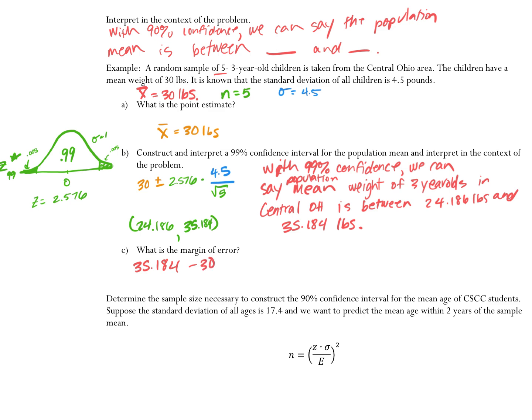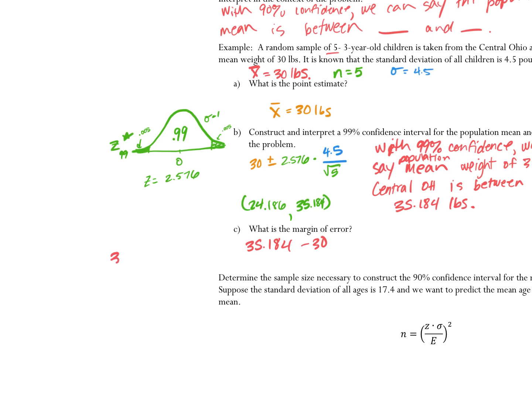So picture-wise, here's my 30, here's my margin of error, and at the end I end up at 35.184, and over here I end up at 24.186. And the question is, what is each of these distances? They should be the same because I added and subtracted them, okay? Inverse norm.